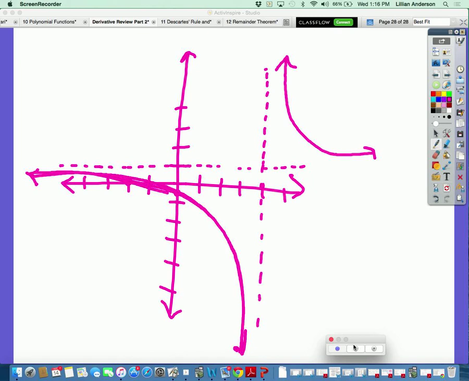Remember, if your slope is negative, then that means you are decreasing, and if your slope is positive, that means you're increasing.